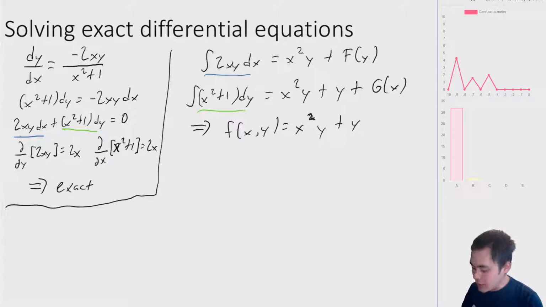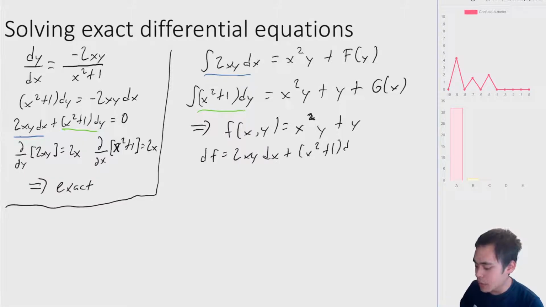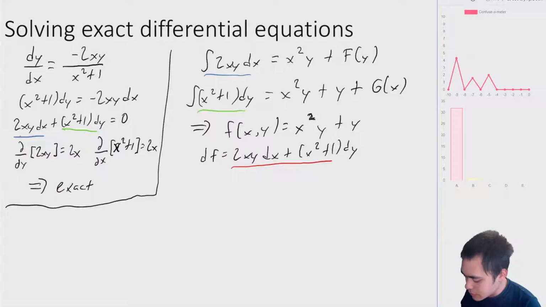But now note that we also know that df is equal to 2xy dx plus x squared plus 1 dy. And this entire thing corresponds to this entire thing.